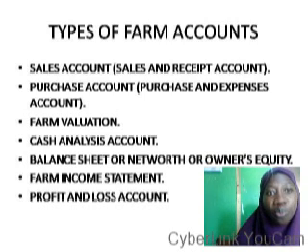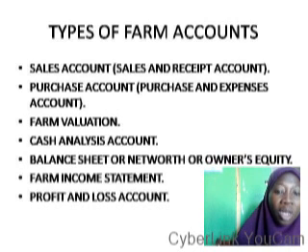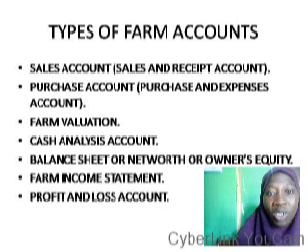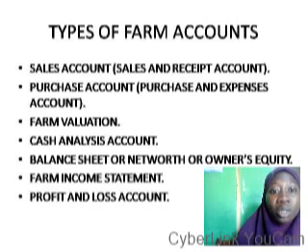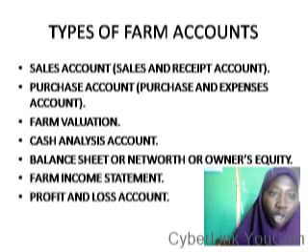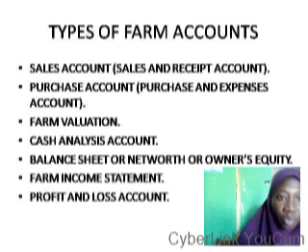The next one is the purchase account, or what we also call the purchase and expenses account. This particular type of account includes all purchases and expenses made on the farm with their details, and these details also include the dates such items were purchased or such expenses were incurred, the quantity, and the amount of such items purchased for the farm use.